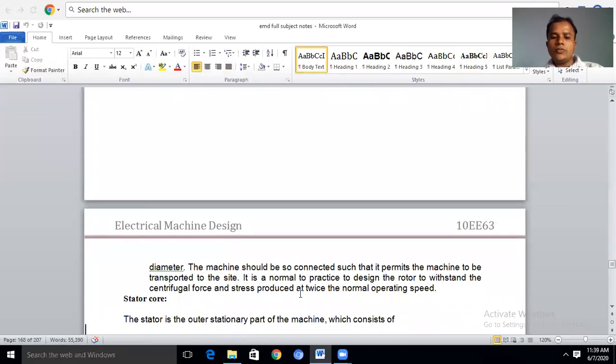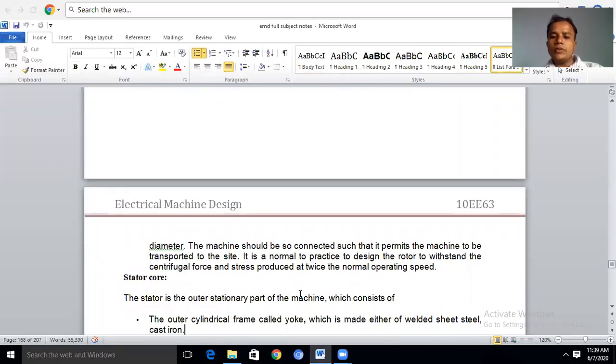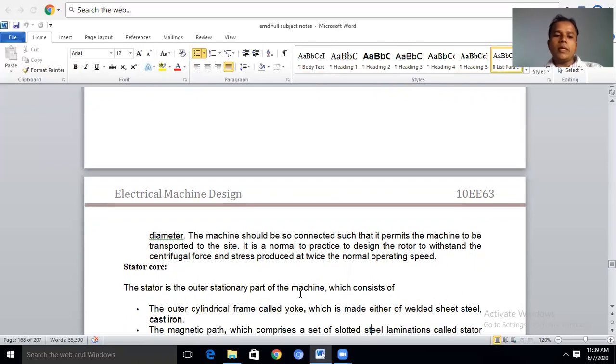The machine should be constructed such that it permits transportation to the site. It is normal practice to design the rotor to withstand the centrifugal force and stress produced at twice the normal operating speed.